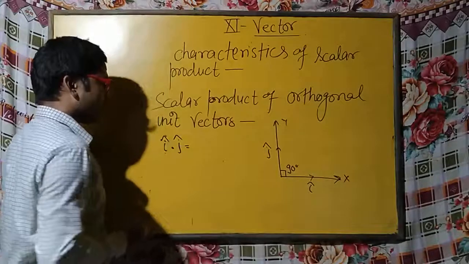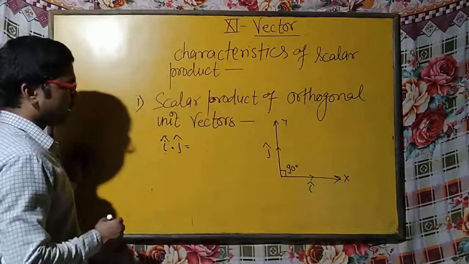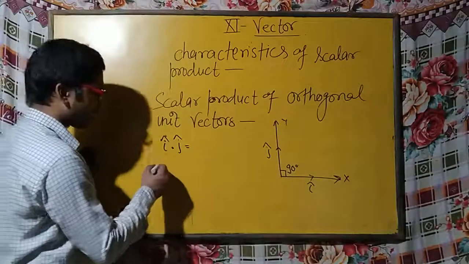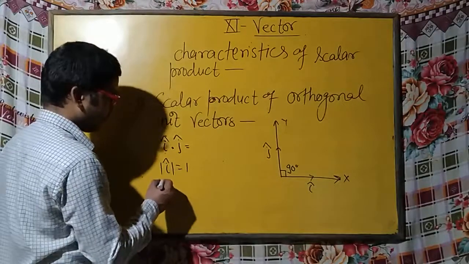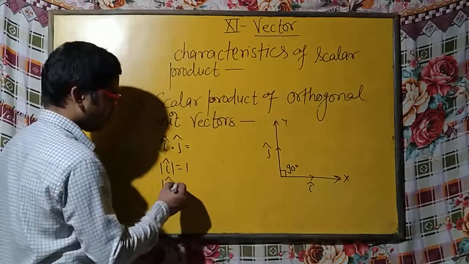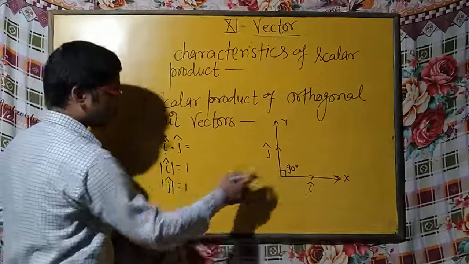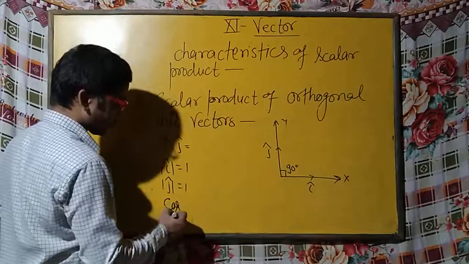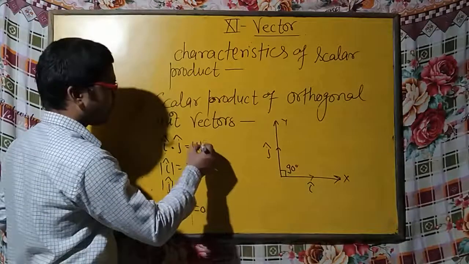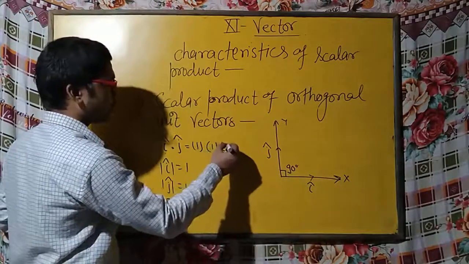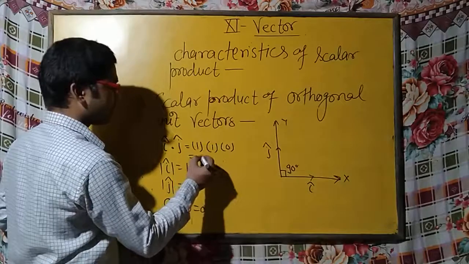The magnitude of i is 1, the magnitude of j is also 1, and the angle between these two is 90, and cos 90 is 0. So you must write 1 into 1 into 0, and the answer is 0.